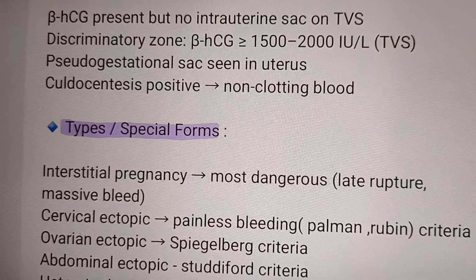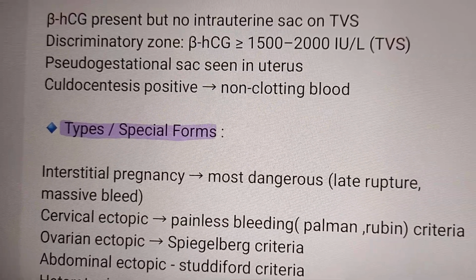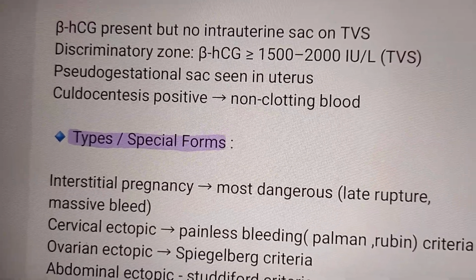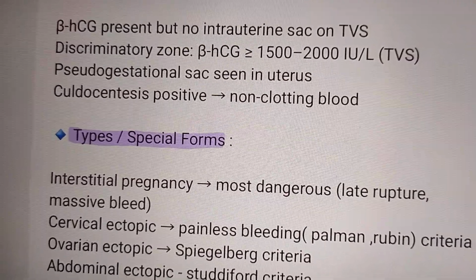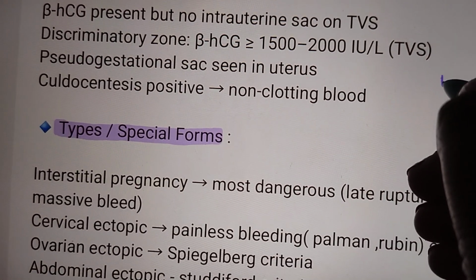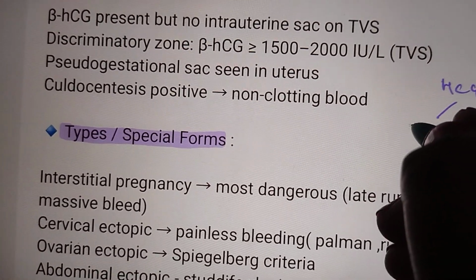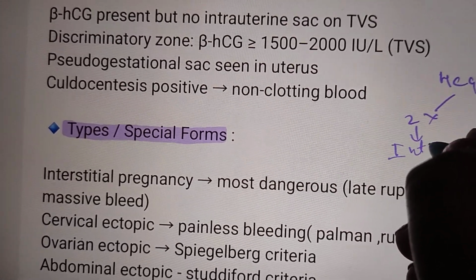So we check the beta HCG level. If it is more than 1500 and no intrauterine sac is seen, then it is ectopic pregnancy, and if less than 1500 we repeat beta HCG after 48 hours. If it doubles, then it is intrauterine.